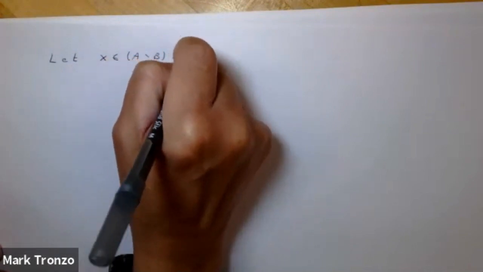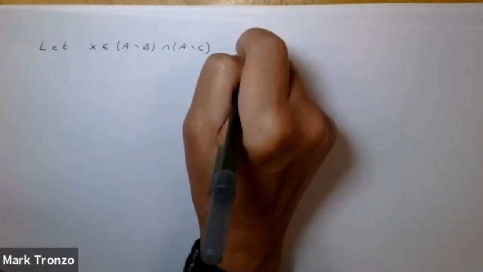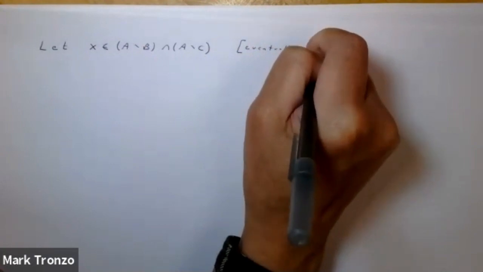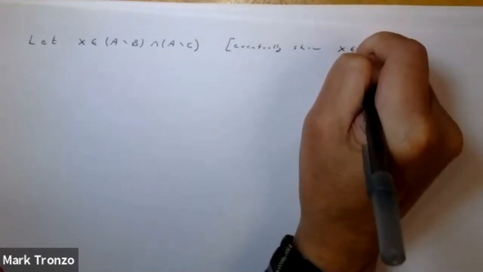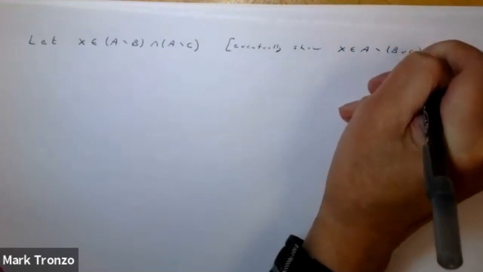So going the other direction, let x be in A complement B intersection A complement C. And again, keep in mind, we want to eventually show that x is in A complement B union C.